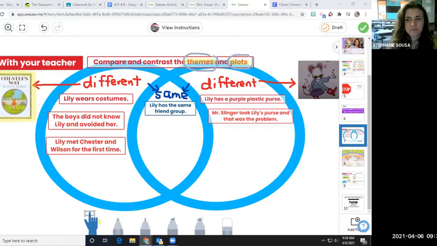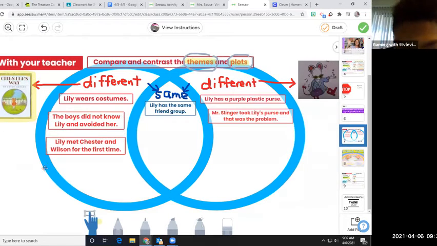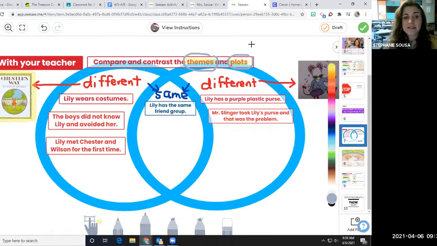Something different between Lily's Purple Plastic Purse and Chester's Way is that in Chester's Way, they were in the neighborhood playing together. Okay, so our settings are different, and that is connected to our plot. The story took place in a neighborhood in Chester's Way.